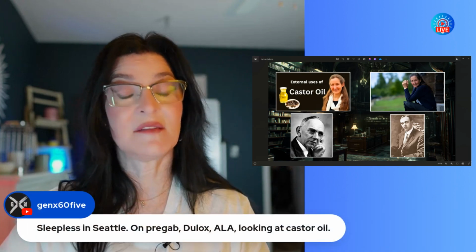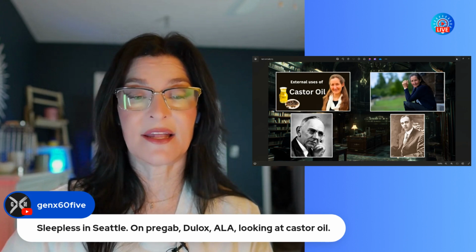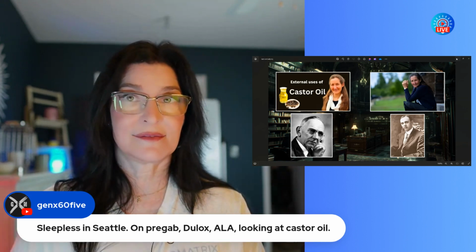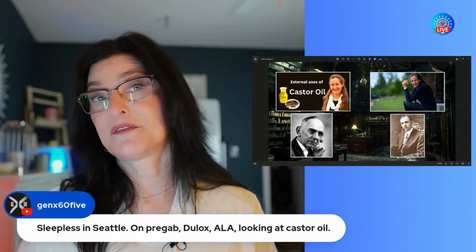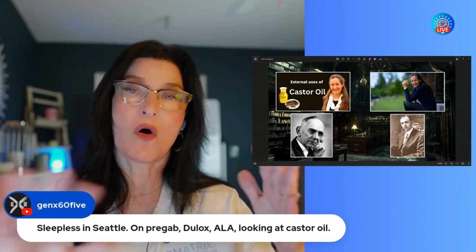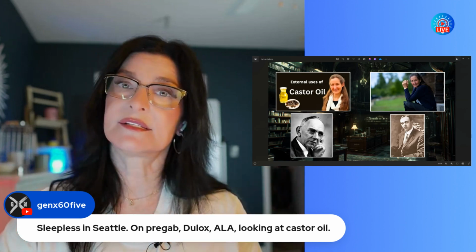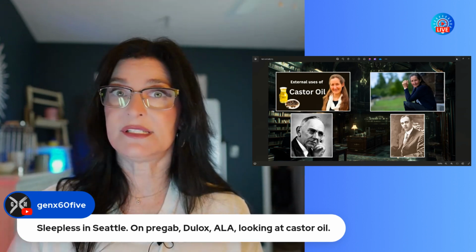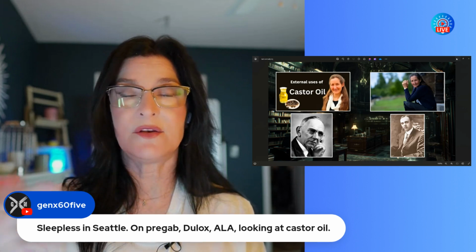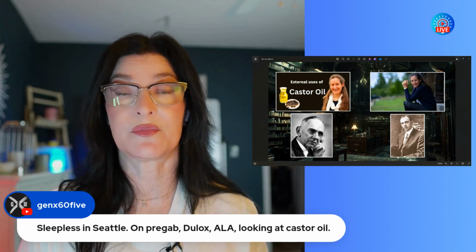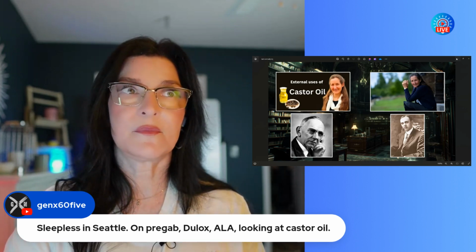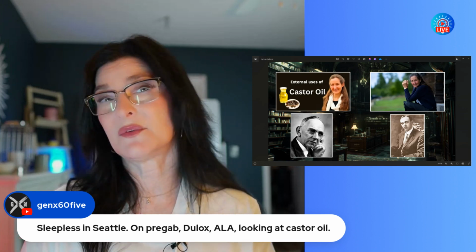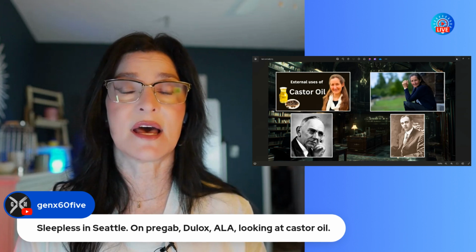Sleepless in Seattle, on pregabalin, duloxetine, ALA, looking at castor oil. Well, I can't recommend it enough, honestly. The update since I uploaded the video is that pretty much on a daily basis now, my neuropathy symptoms continue to improve. I was having issues mostly at night, which is usually when neuropathy kicks up.